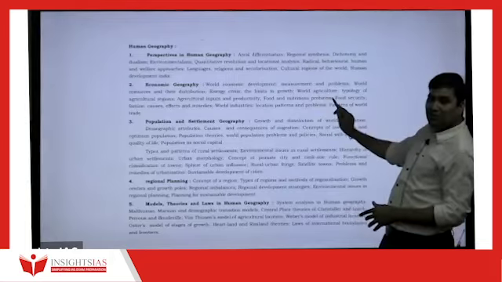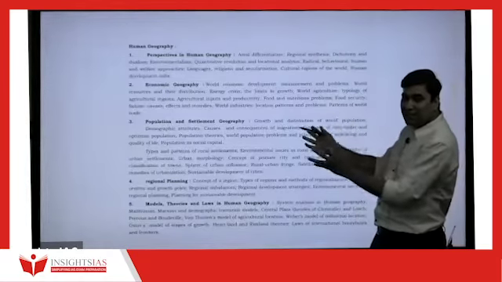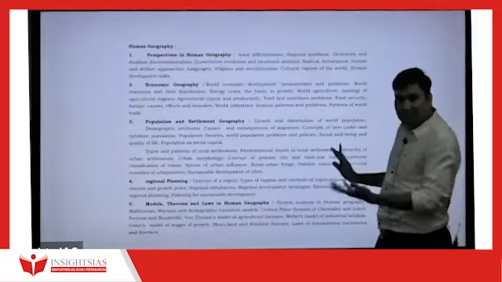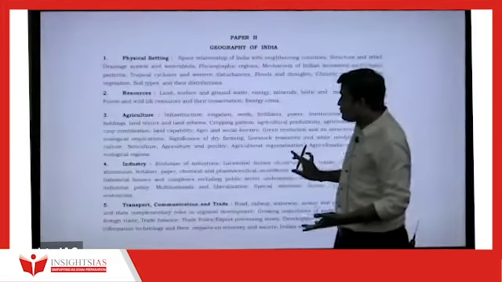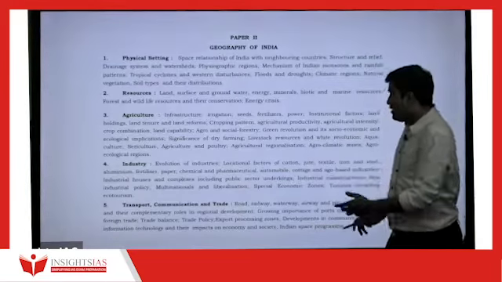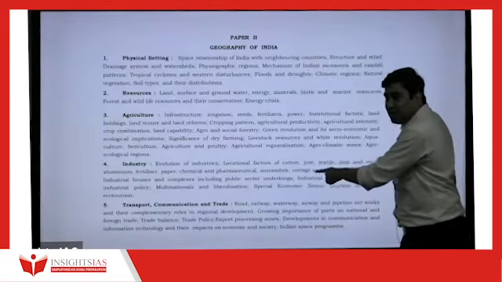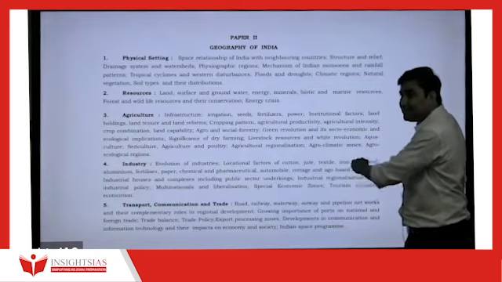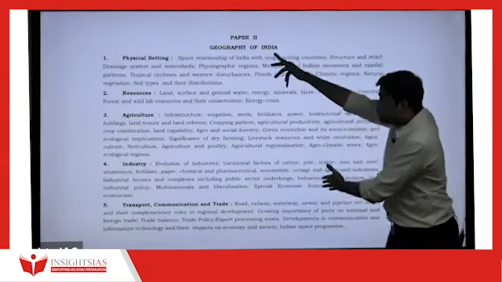World agriculture, are you able to see it? ये world agriculture पढ़ेंगे, उसका application Indian geography. That's it. उसके बाद industry, evolution of the industries, various type of industries, locational factors of cotton industry, jute industry, textile industry, etc. ये this is in the context of India.